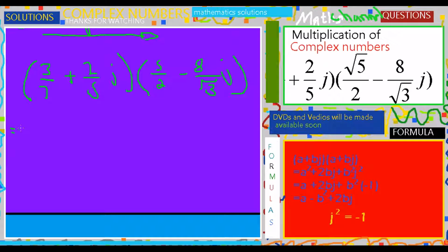So I have something like 3 over 7, 5 over 2 minus 8 over 3j, and then this one is positive 2 over 5. Let me write this out.